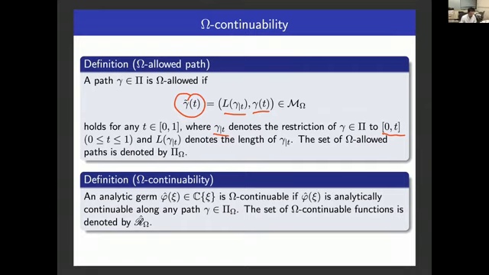Then we say the path γ is Ω-allowed, and the set of Ω-allowed paths is denoted by Π_Ω.